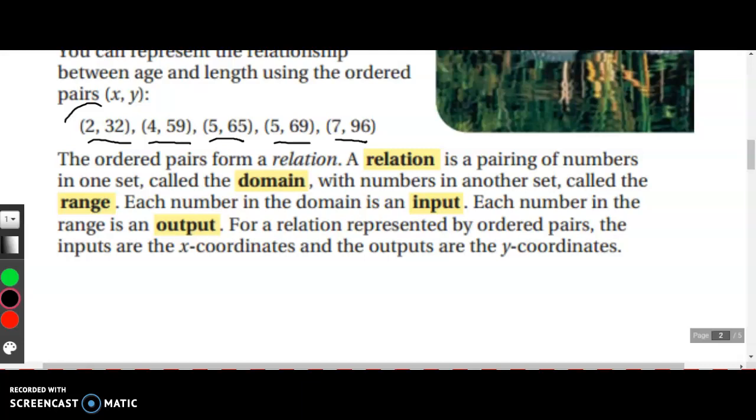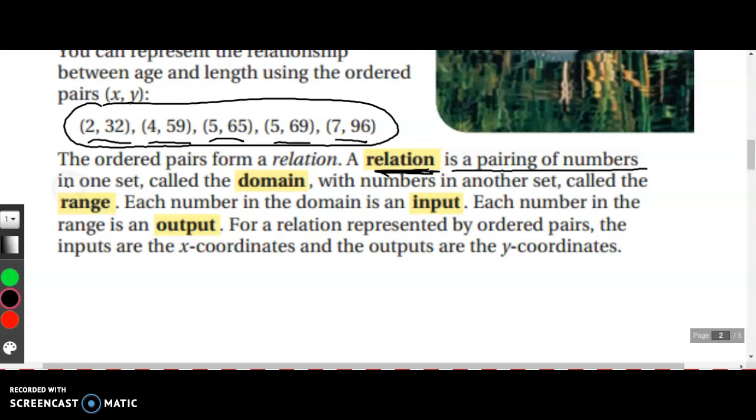All of these ordered pairs form what is called a relation. Okay? And a relation is a pairing of numbers in one set. So you'll notice we have 1, 2, 3, 4, 5 ordered pairs in this set. That's the relation. Okay.